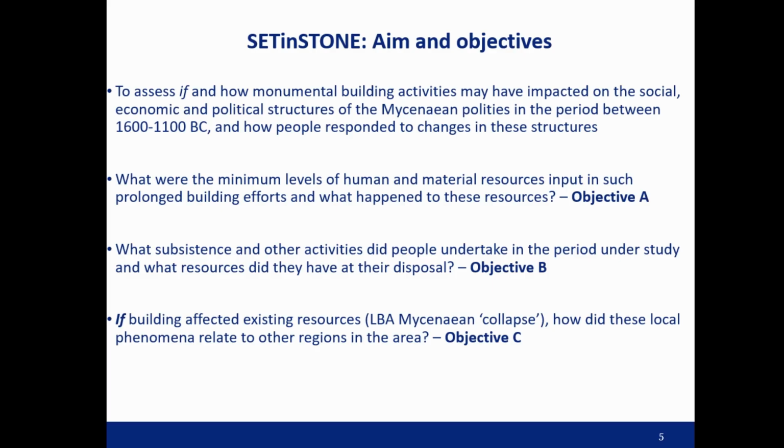Second part of the project deals with subsistence strategies developed by people living in the region and how they were able to sustain themselves during periods where massive building was taking place and other influences also had an impact in the region.